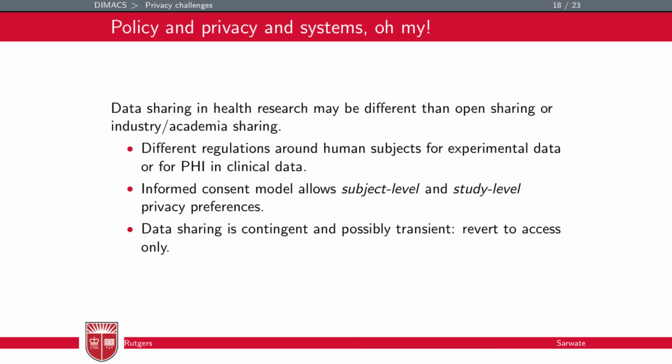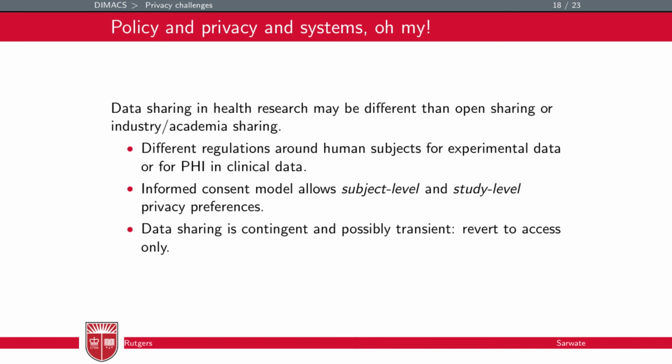The other thing is that data sharing in healthcare research, as I said multiple times in this talk, is different from open sharing or industry-academia sharing. The regulatory framework around personal health information is different, so what's allowed and what people think of as allowable is different. There's this informed consent model in healthcare research, which can allow each individual to have their own privacy preference and allow certain types of sharing and certain uses of their data at that level of granularity, which can be tricky to manage.